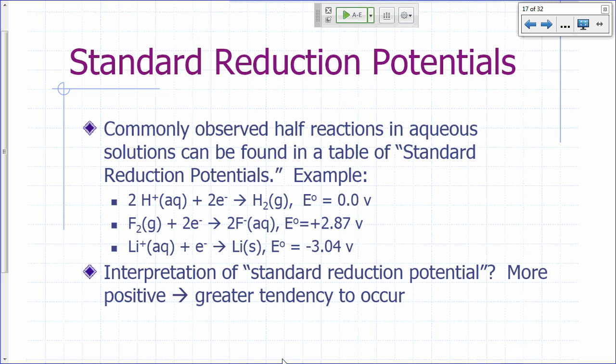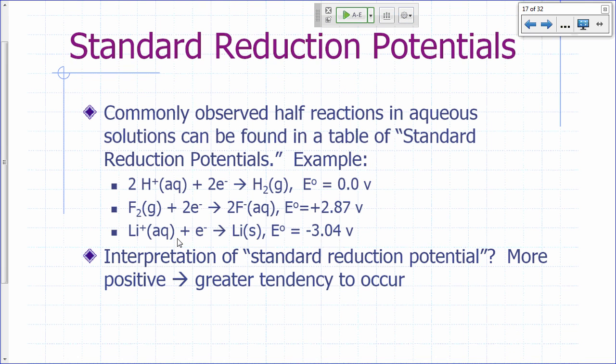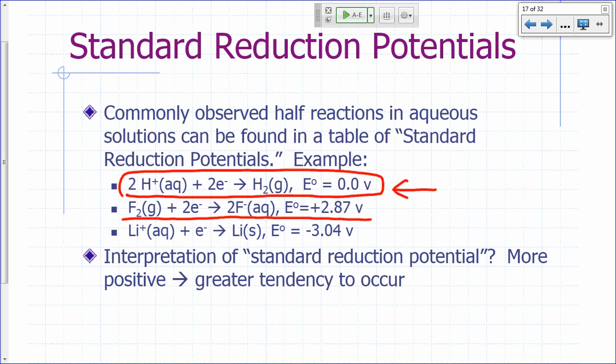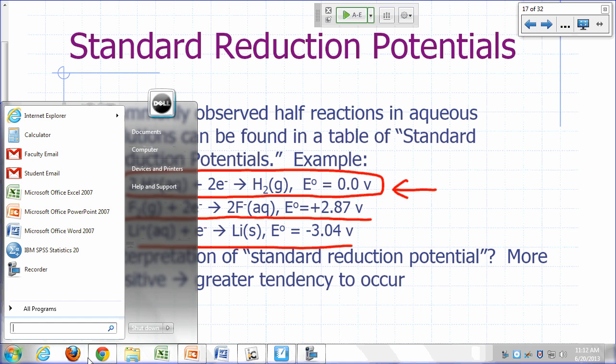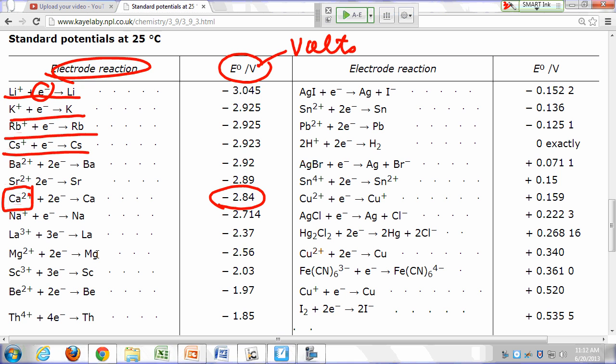What about H+? By definition, this is given a value of 0: 2H+ plus 2 electrons gives you H2 gas. That's 0 volts. And fluorine has a standard reduction potential of 2.87. And lithium is negative 3.04. Let's verify those numbers. Lithium is negative 3.045 volts.